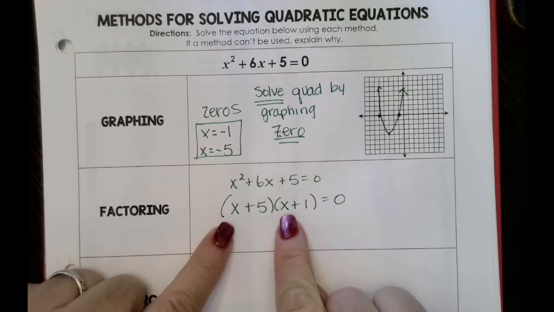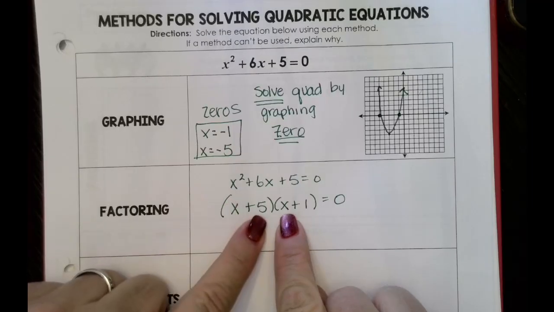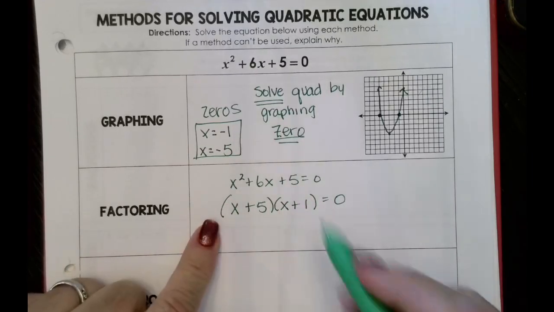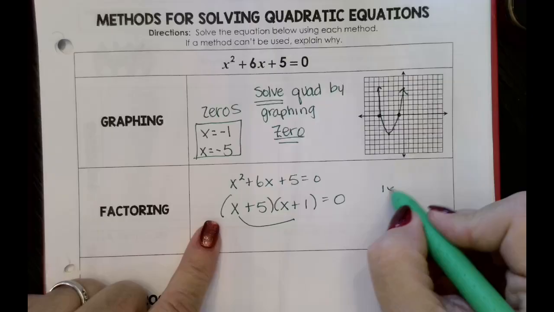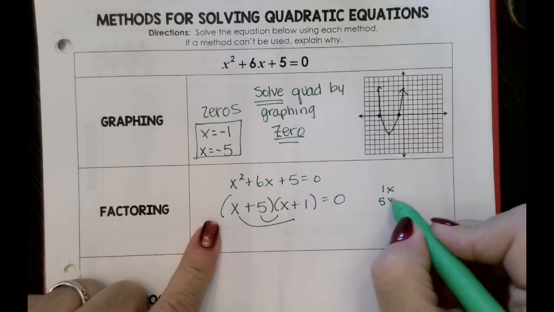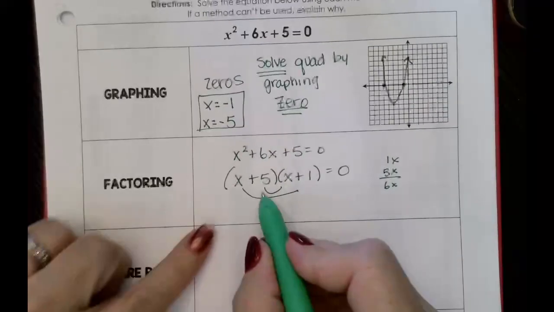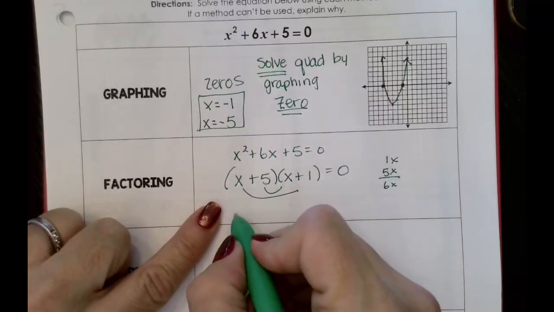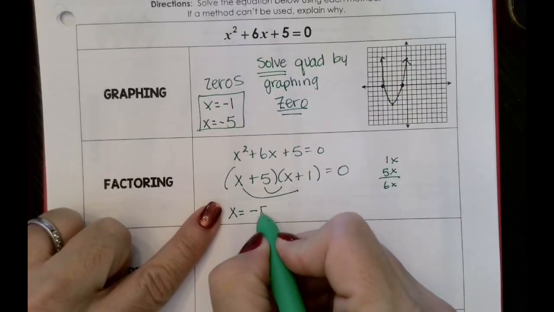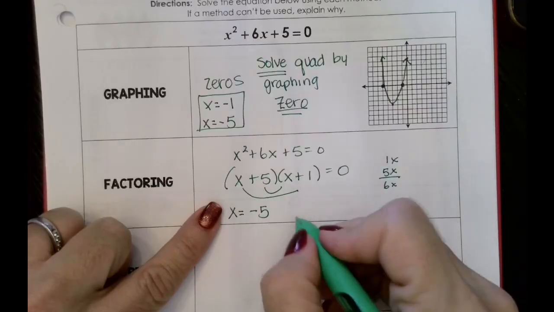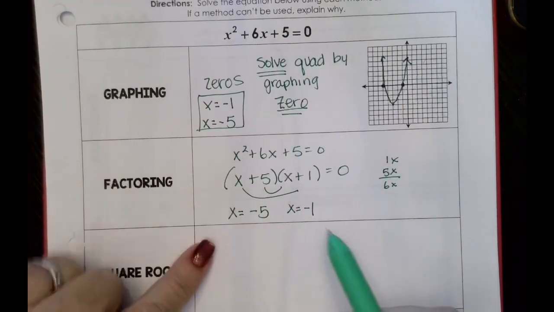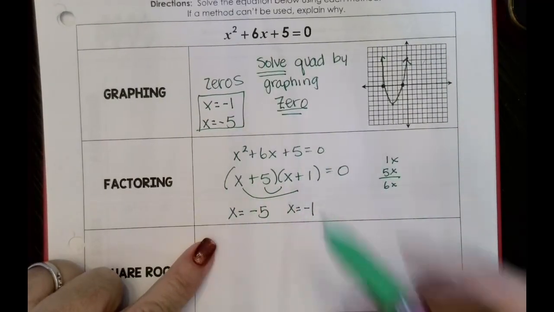I know this because x times x is x squared, 1 times 5 is positive 5. If I do my outsides, I have 1x, my insides, I have 5x, added gives me 6x, so I'm good. Then to solve, we set each factor equal to 0, and we have x equals -5. Remember, it's the opposite sign. And x equals -1. Well, guess what? It's the same thing that we had up here.